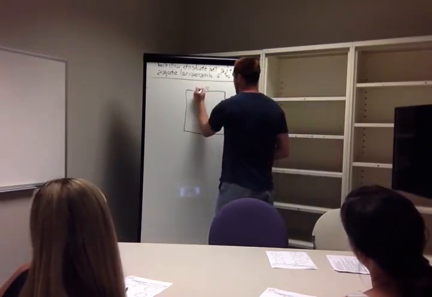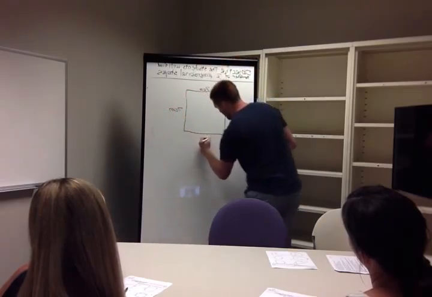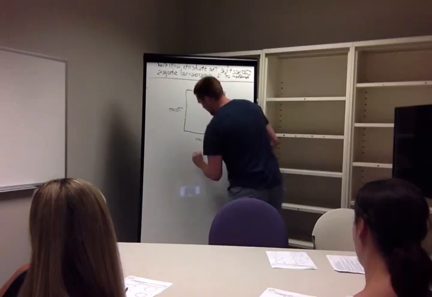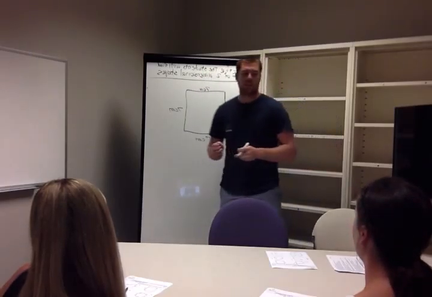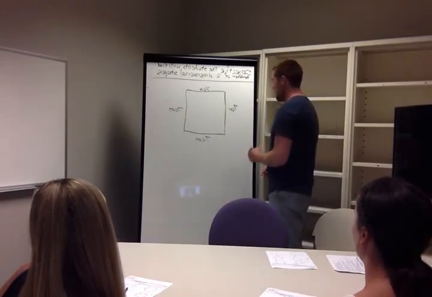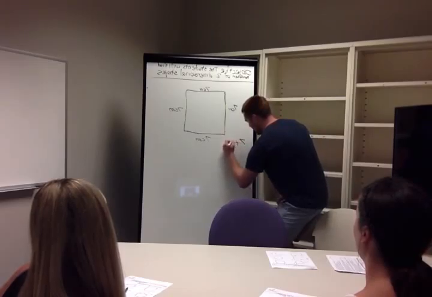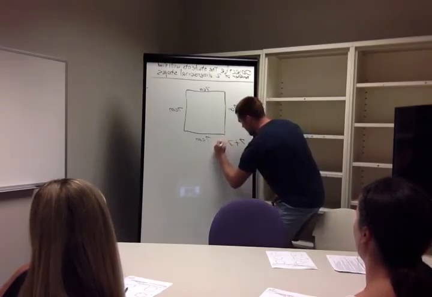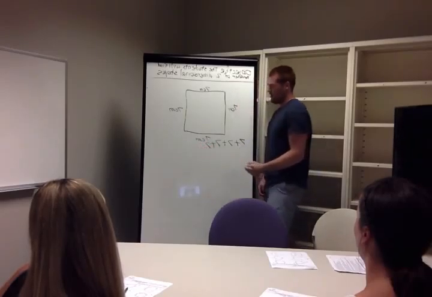So there's 7 centimeters here, 7 centimeters here, and 7 centimeters here. And so, instead of using multiplication, we're going to use addition to find perimeter, like I said before. So all we would have to do is 7 plus 7 plus 7 plus 7. All right?